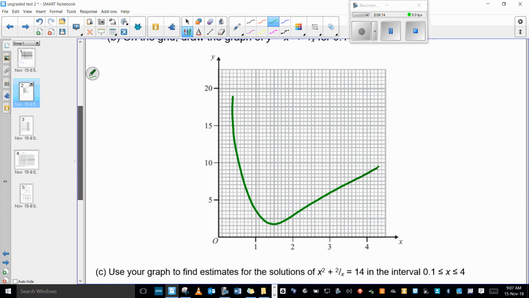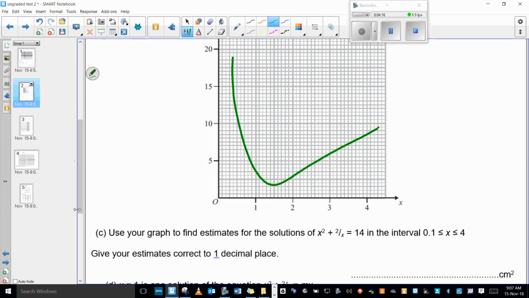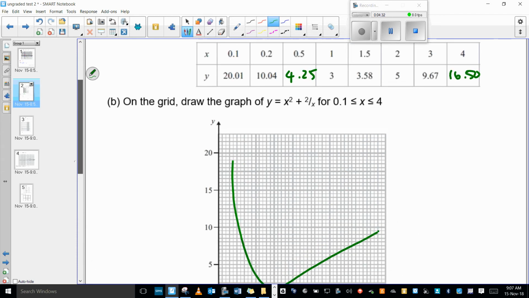It says use your graph to find estimates. Estimates indicates it's more than one. In the interval, the solutions of this graph are equal to 14. Remember we have done stuff like this. This is the graph they were talking about.